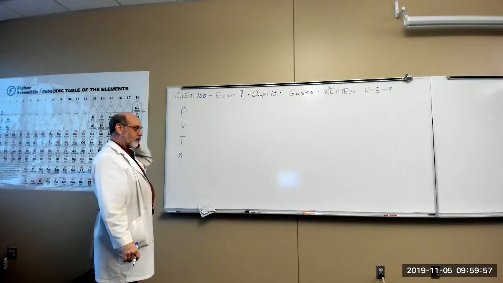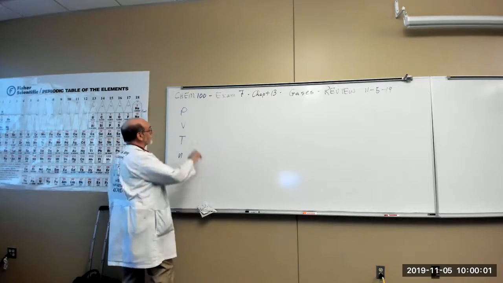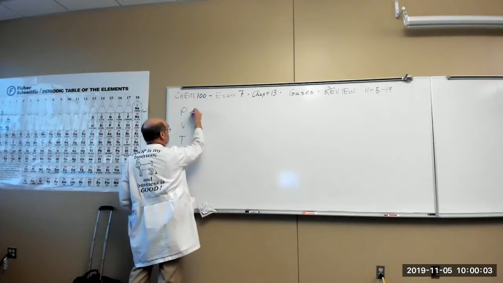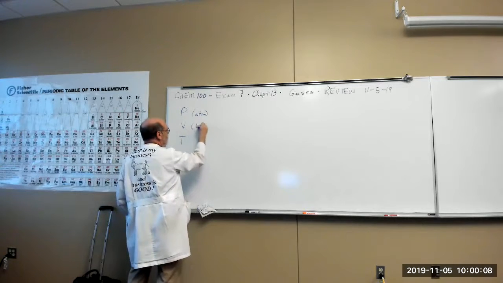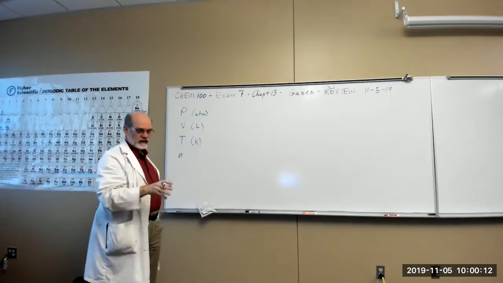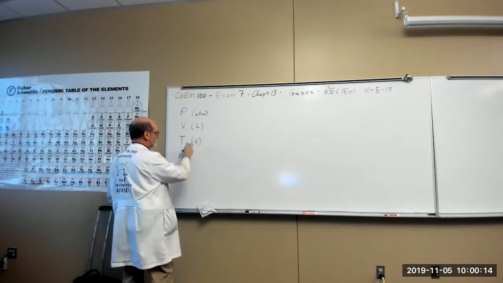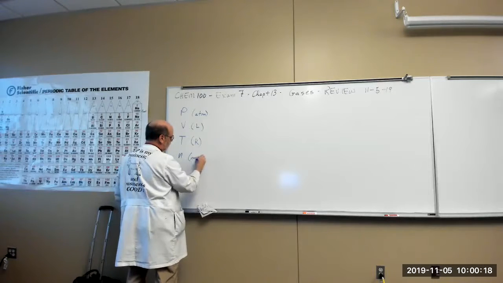For many applications, not all, but many, pressure is going to be in atmospheres, volume is going to be in liters, temperature, however, is always in Kelvin. And N, of course, is my abbreviation for moles.